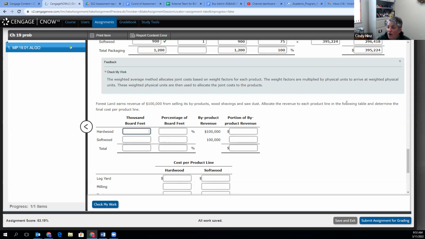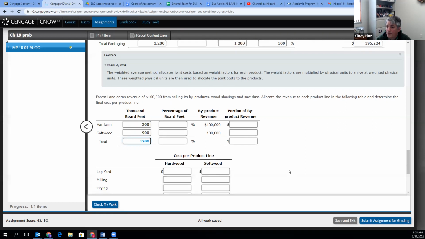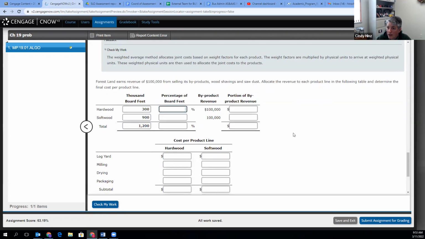And so what we're asked to do here is allocate the revenue based on the board feet of each product. So we already know it's 300 for hardwood and 900 for softwood, for a total of 1,200. And so we already know 25 and 75%. Done that in the previous table.